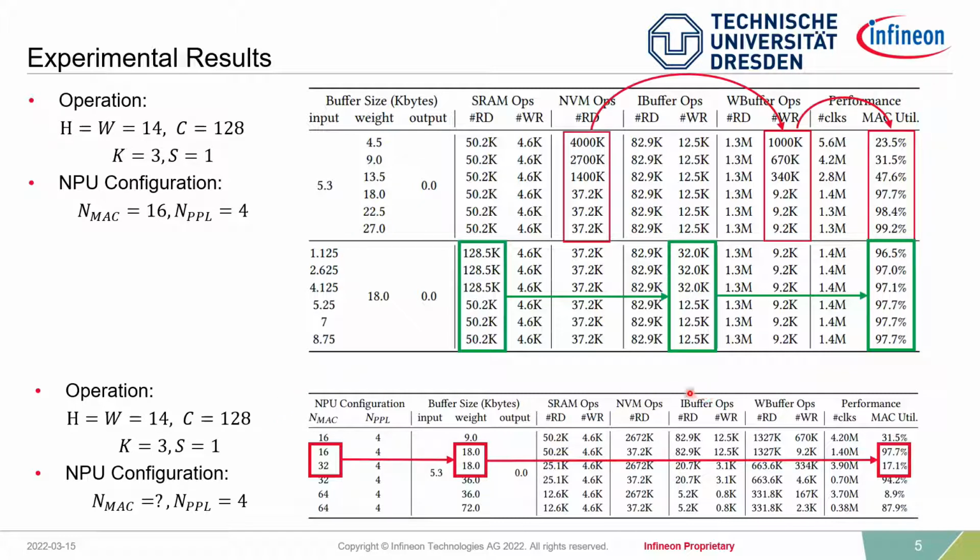Furthermore, we also studied how the number of MACs affects the final performance. We change the number of MACs and keep the other configuration constant, and as we can see, the MAC utilization decreases a lot, and the total clock cycle count also increases a lot.